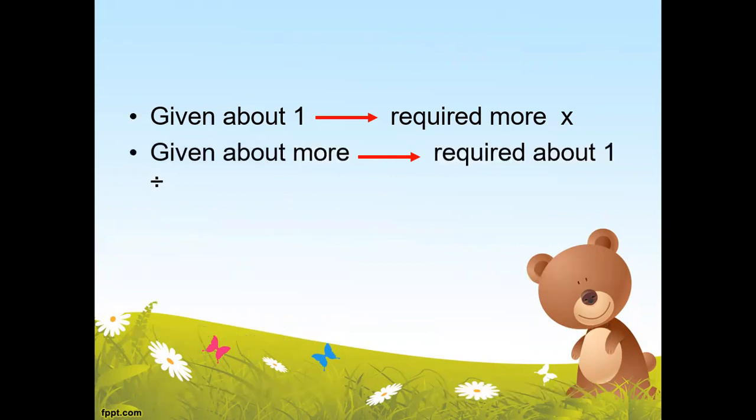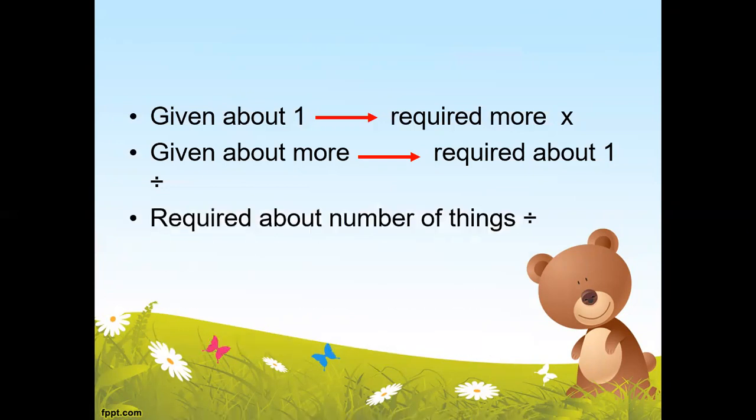And if we are given about more and the required is that you have to find about one thing, you should do the division there. And one more thing: when we want to find the number of things, we should also use division to solve. So let us start doing our word problems.